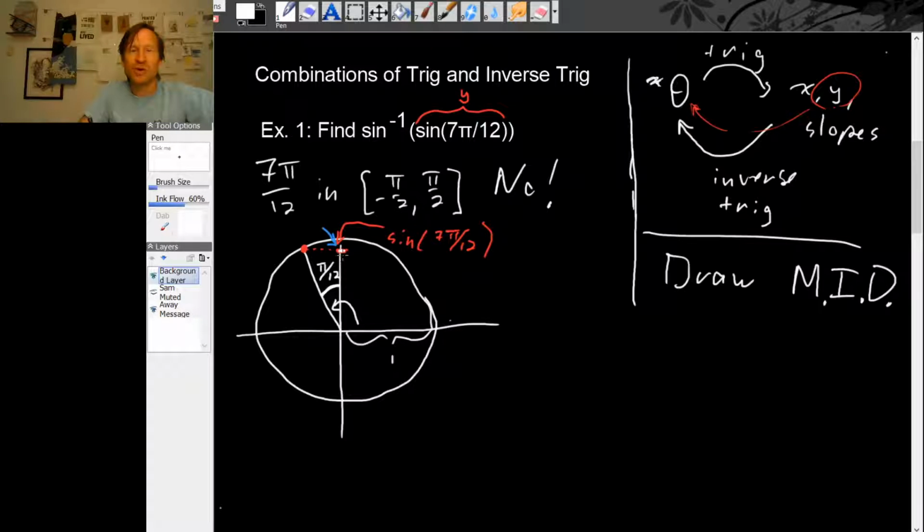And we want to know what angle between minus pi over 2 and plus pi over 2 would produce this y coordinate. Well, let's extend this horizontal line rightwards. And you can see the angle that would produce this y coordinate. It's this angle right here, this green one.